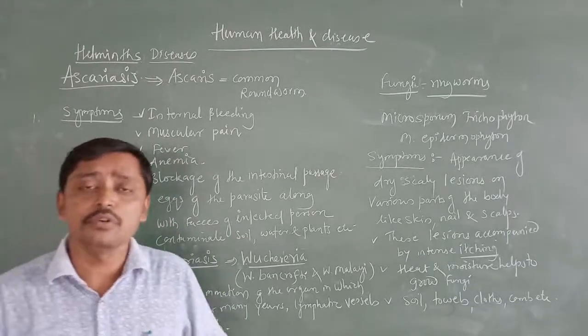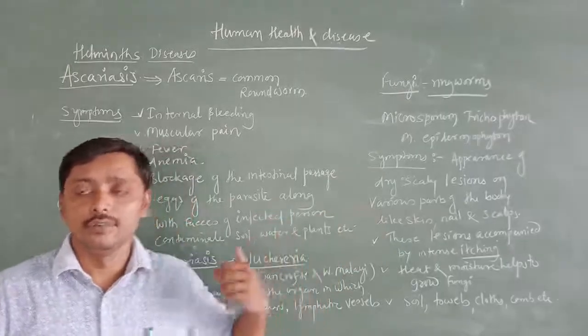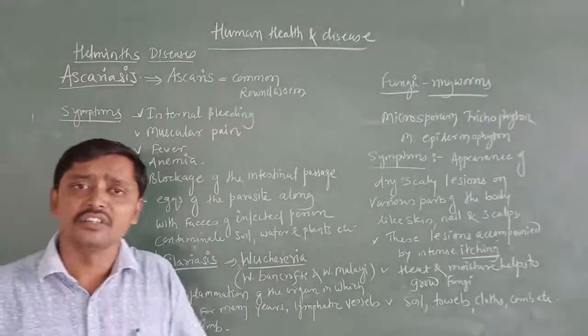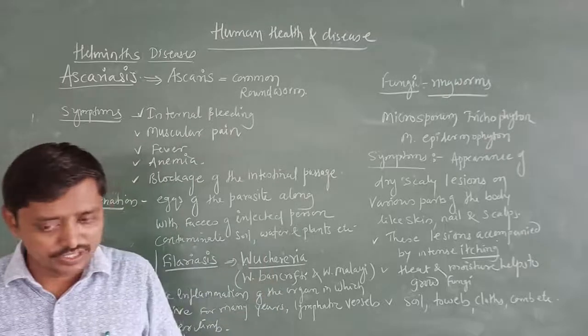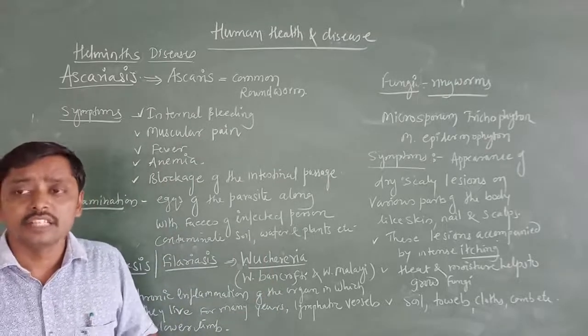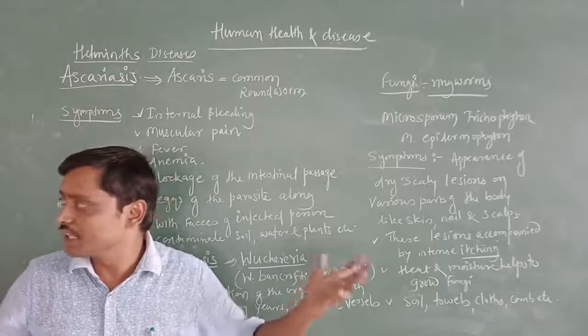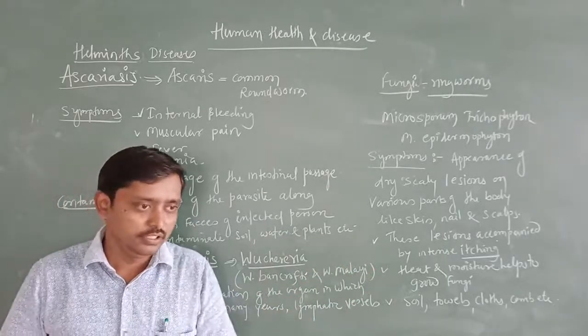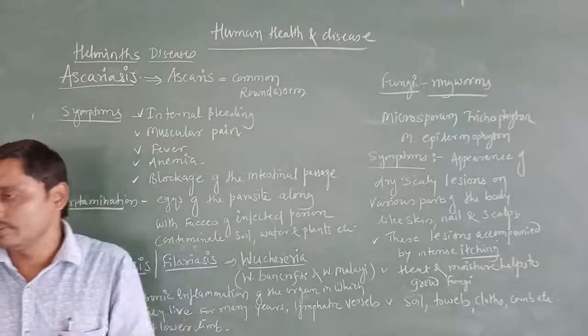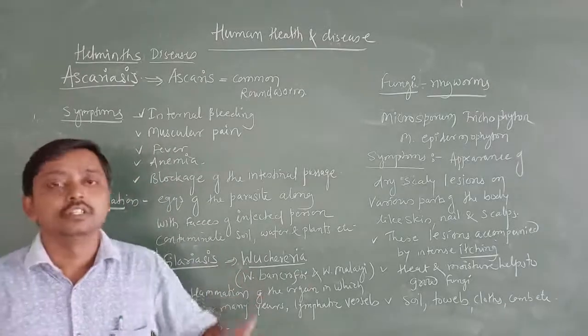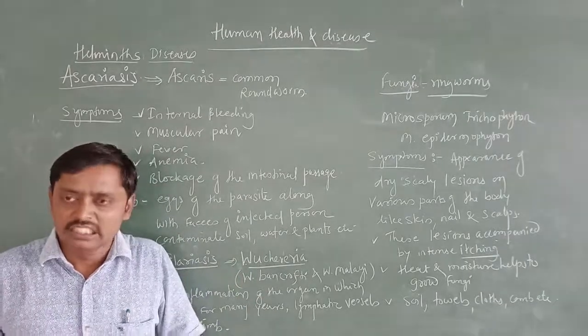That can help us prevent or control these diseases. This is the first. The next one, I told you, is public hygiene. Public hygiene in the sense we keep our surroundings clean. You should stop spitting everywhere. These are the common things.